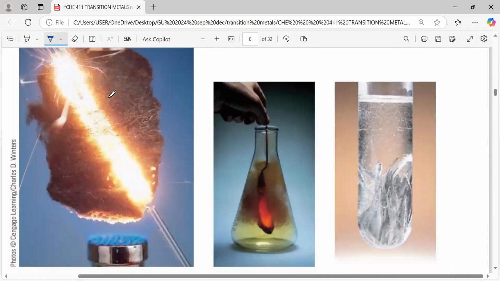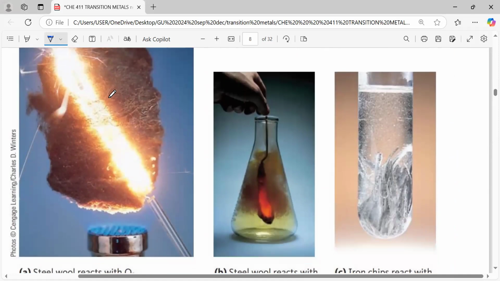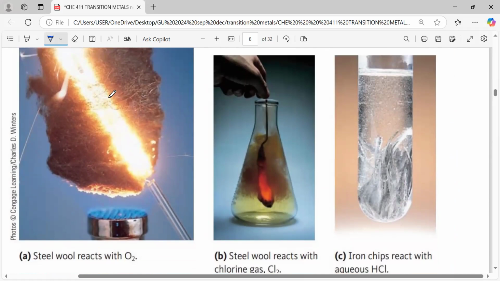So here we see some reactions of transition metals. We can see iron burning with oxygen in the form of steel wool burning on a burner. Then we have the same iron reacting with chlorine gas. Then we see the same iron reacting with HCl.